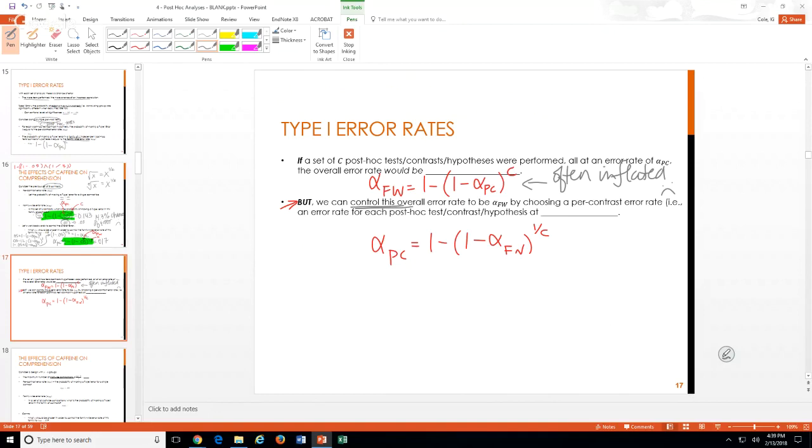So this is what we should do: what we should test each contrast at to maintain an alpha family-wise. Control that overall alpha. Questions? Is it okay? Okay.